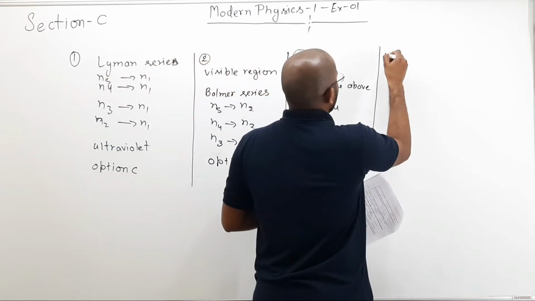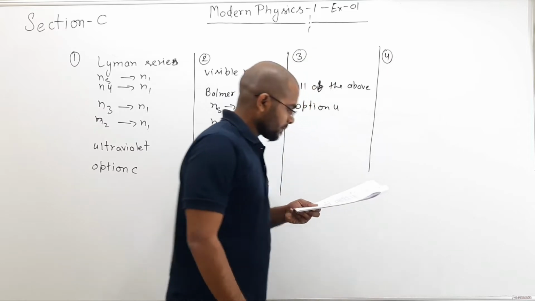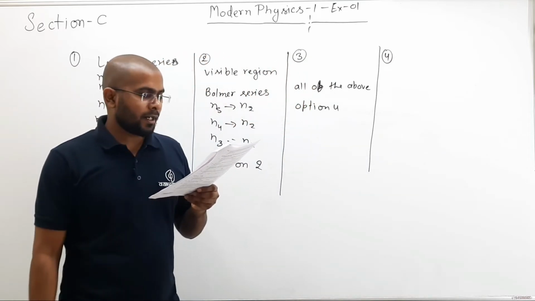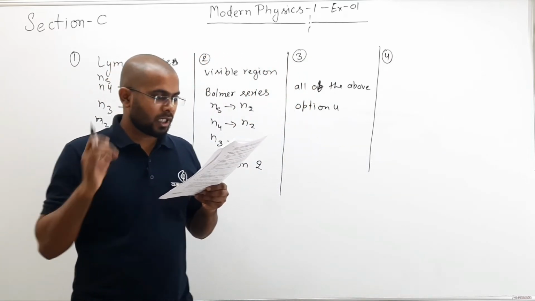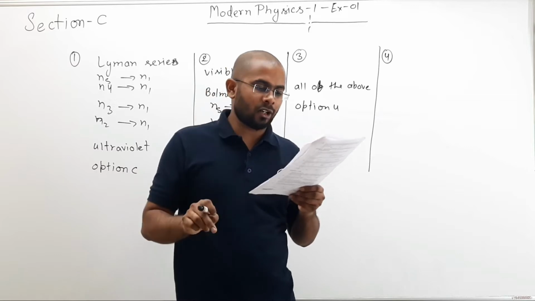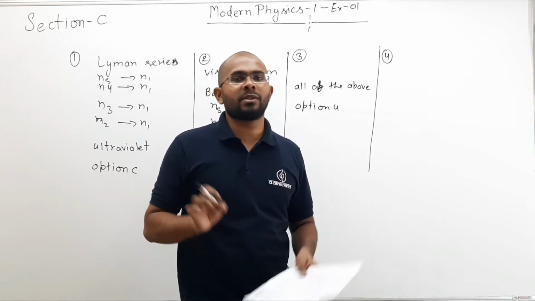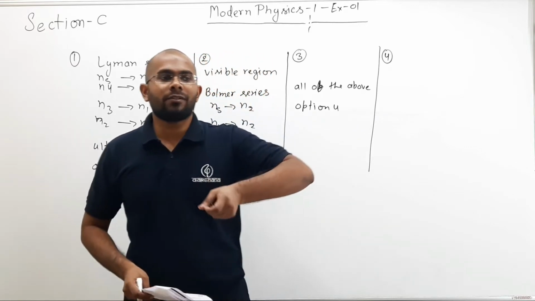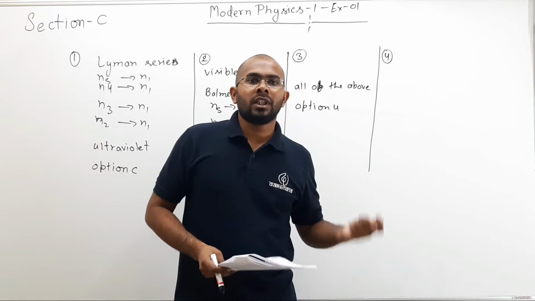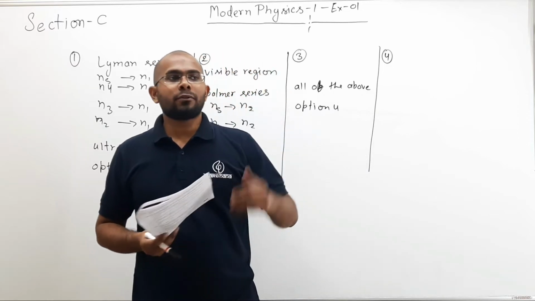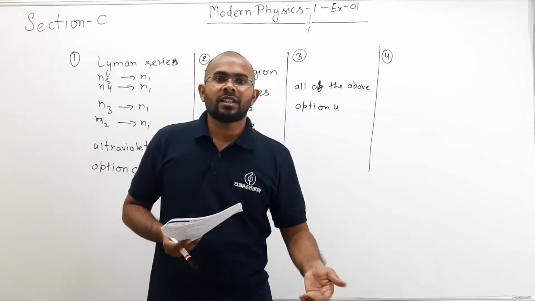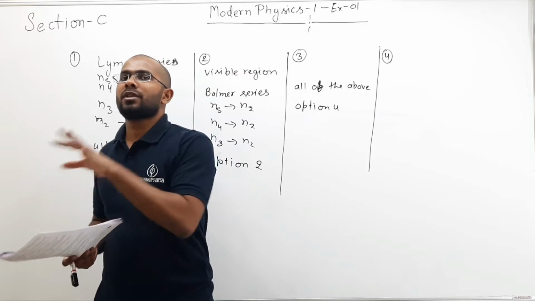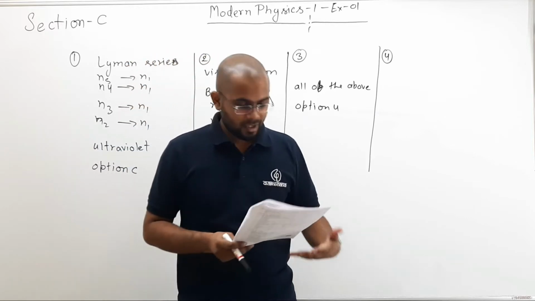What is question number 4? The energy required to knock out the electron in the third orbit of a hydrogen atom is equal to. What is the meaning of energy required to knock out? Meaning you have to supply so much energy that its total energy becomes zero, ionization energy.